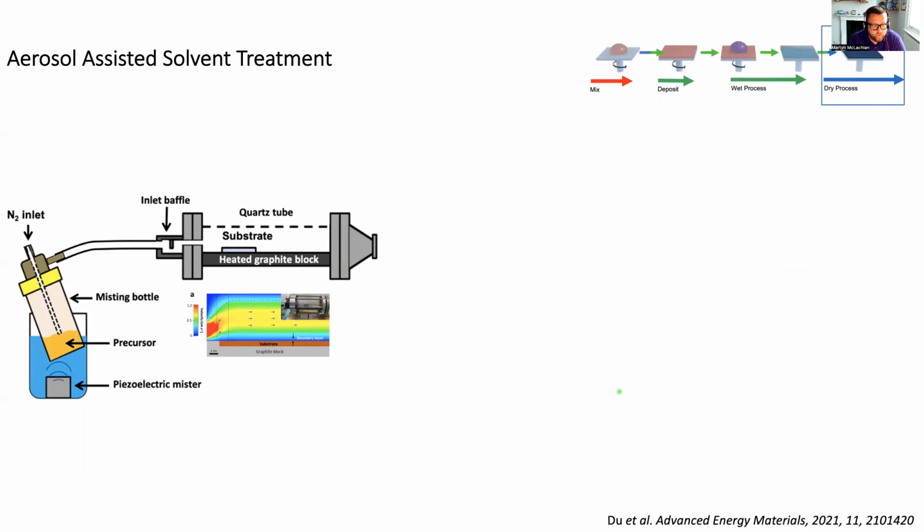So rather than an uncontrolled solvent annealing, we developed a CVD-based route where we have a heated substrate holder, a heated graphite block, and into this we introduce a mist of solvent that flows in a laminar nature near to the surface region and results in what is referred to as a solvent annealing.